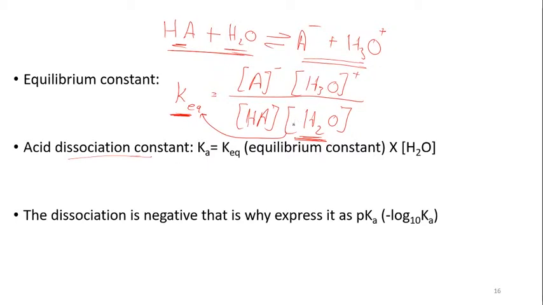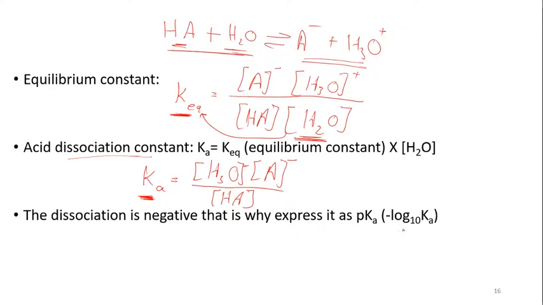If I move this concentration to that side, my dissociation constant would be equal to the concentration of the hydronium ion multiplied by the concentration of the deprotonated acid over the concentration of my acid. Now, if I express my dissociation constant, I will find that it is a very small value, mostly negative exponent.